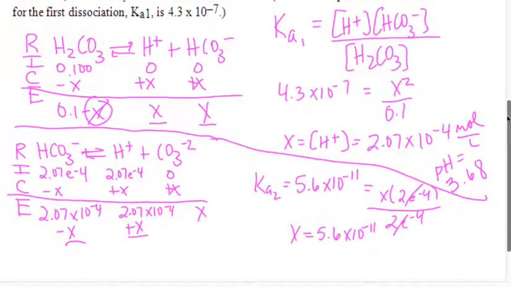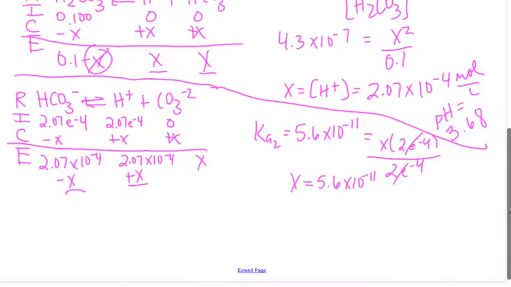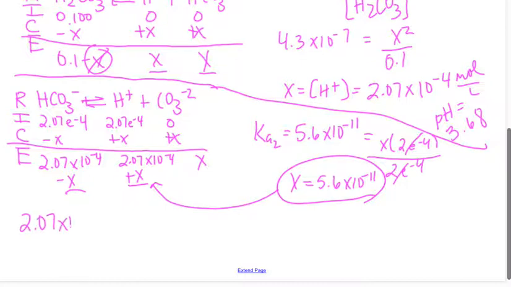And if I want to know the true concentration then of H plus, what would I do? Add it to what we had there before, right? So give that a whirl in your calculator. 2.07 times 10 to the negative 4th plus 5.6 times 10 to the negative 11th. Tell me what you get. 2.07 times 10 to the negative 4th.